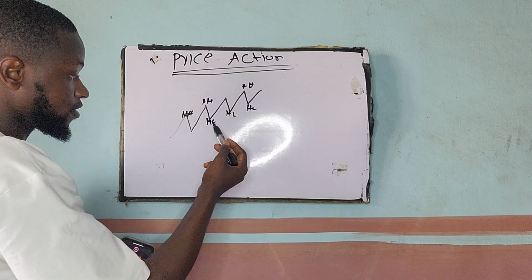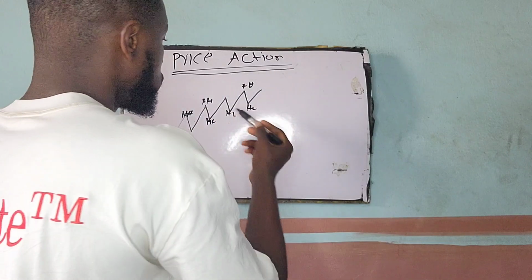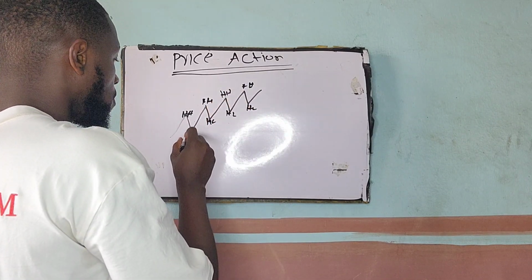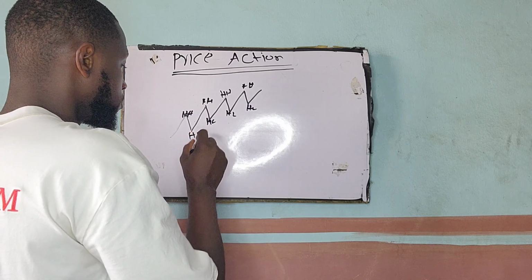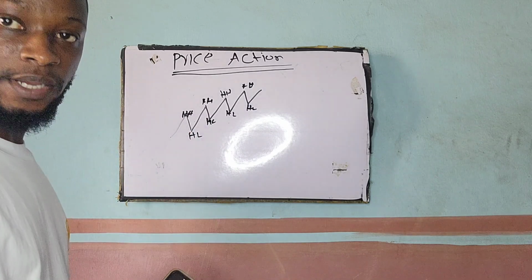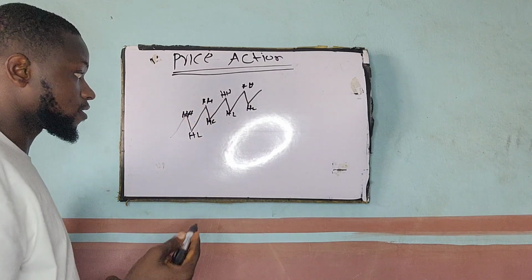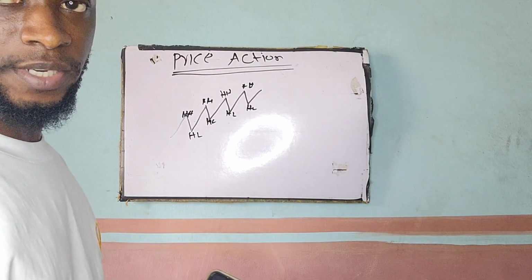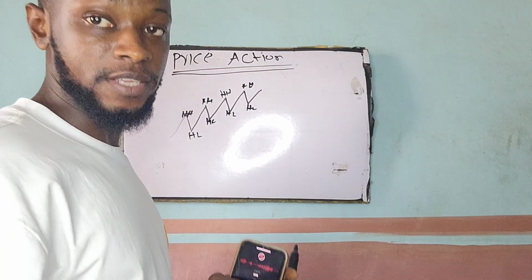So this is higher high, this is higher low, this is higher high, this is higher low. This is higher low, this is higher high, and this is higher low. So if you pay attention to this chart now, this is how the market trend and direction of the market is created.